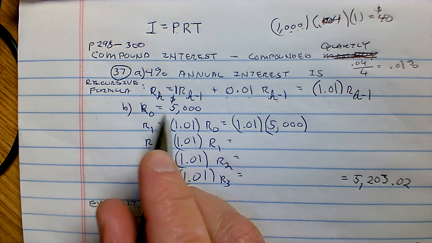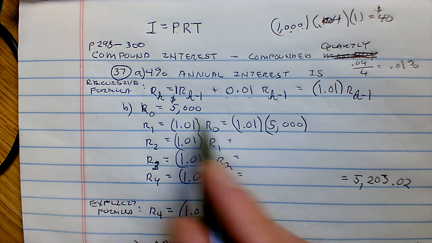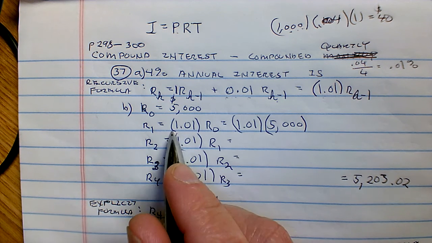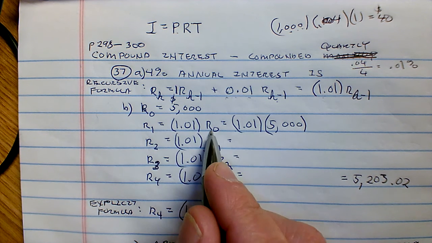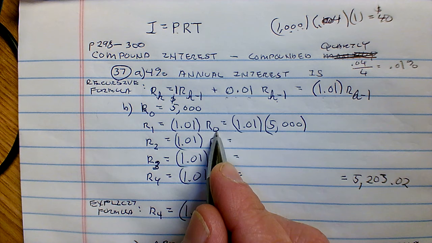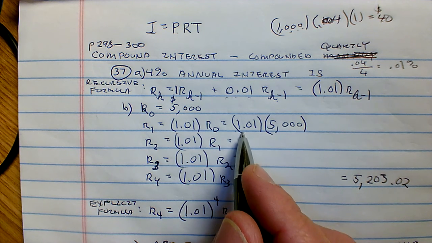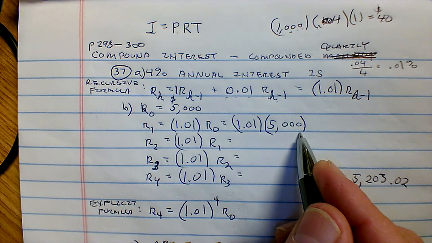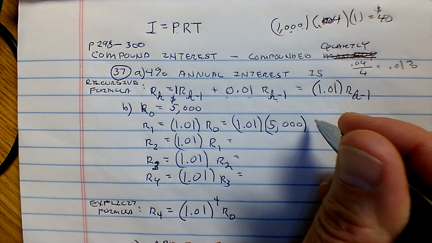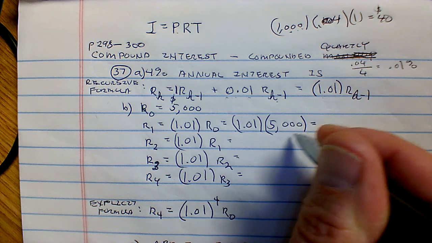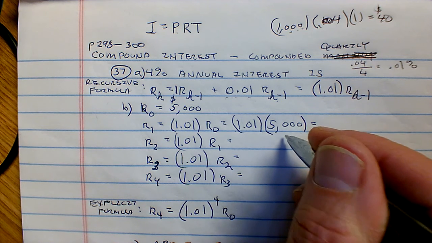Part B says, suppose you start with $5,000. What we're doing is we're going to take the 1.01, multiply it times how much we had before, and when we multiply 1.01 times the 5,000, that's going to show us how much we have after 1 quarter.